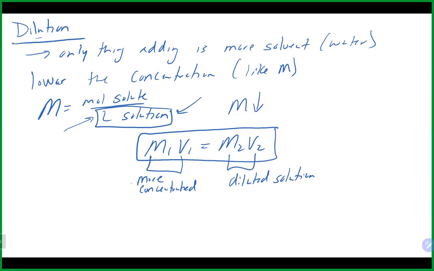And M here on both sides is molarity. So this is the molarity, or moles per liter. So is this, that is our moles per liter. And V here is the volume. So V1 would be the volume of the more concentrated solution you would take out to make it. And V2 would be the total volume of your diluted solution.